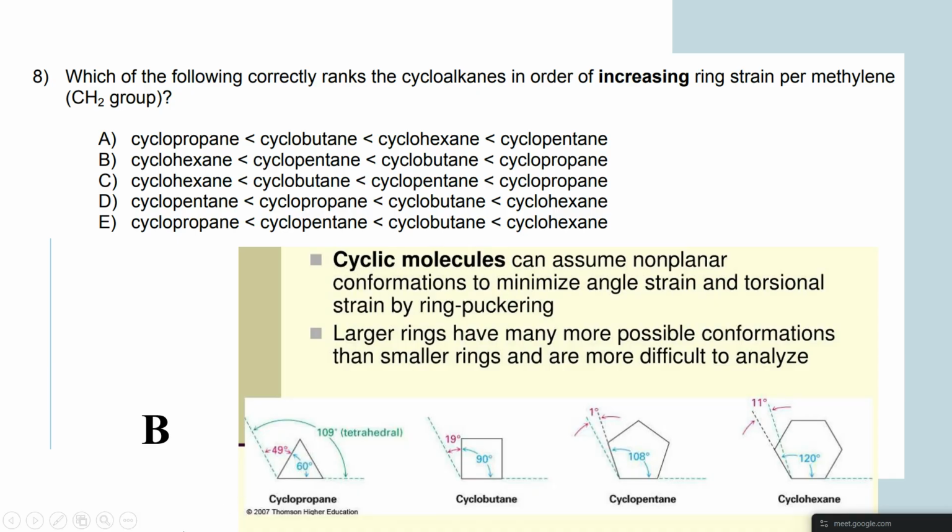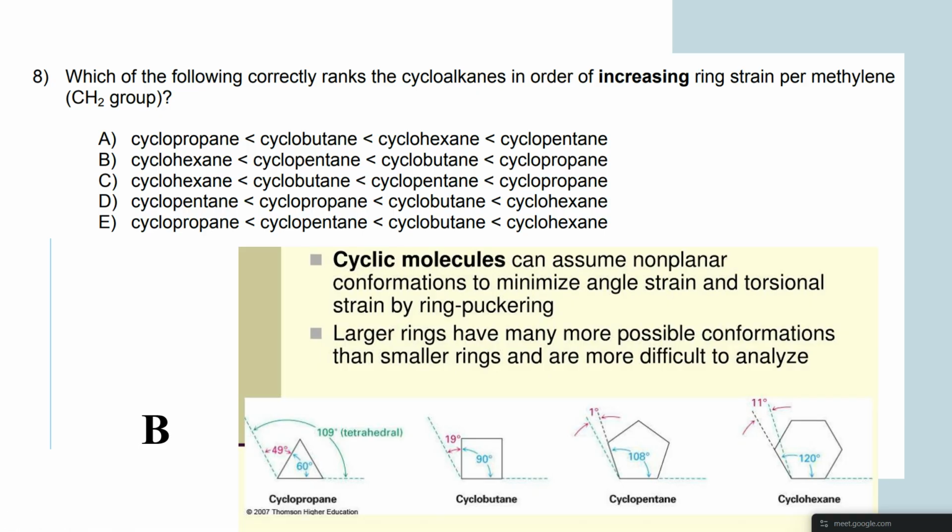In comparison, in cyclobutane the ring measures 90 degrees and deviates from the tetrahedral angle by 19 degrees. So it is also far from the tetrahedral angle, but closer to it in comparison to cyclopropane. Hence, the cyclobutane ring will be more stable than the cyclopropane ring, because cyclopropane has more ring strain.